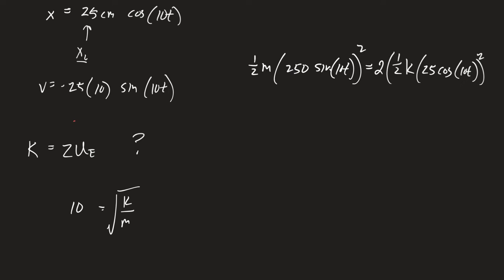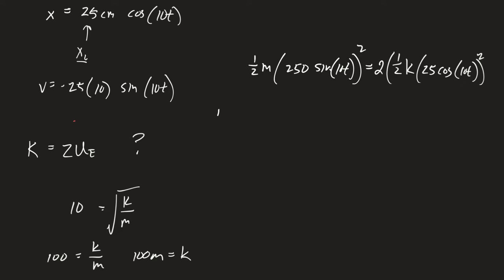I'm going to square both sides and get 100 equals k over m, or 100m equals k. I need to get rid of the m and the k here, and this is the best way to do it, because whatever omega is had both k and m in it. So wherever I see k, I'm going to put 100m.